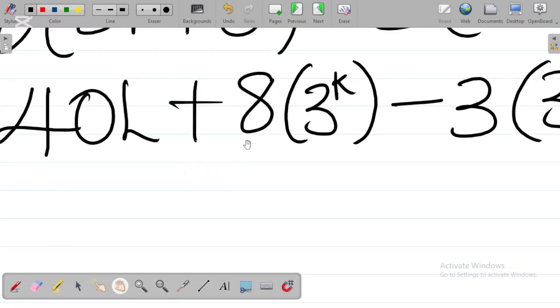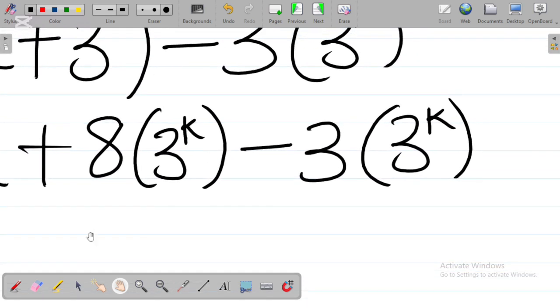So at this point, 3 will be subtracted from 8 because they are both multiplying the same base. 8 is multiplying 3 raised to the power k, and 3 is also multiplying 3 raised to the power k.